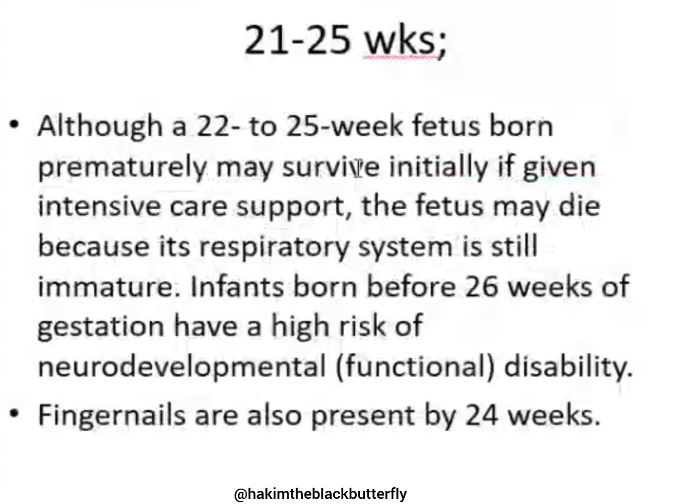Now, because of that, these prematures born at this stage can survive if given intensive care support, if their lungs are supported with substances that can enable them to mature faster.